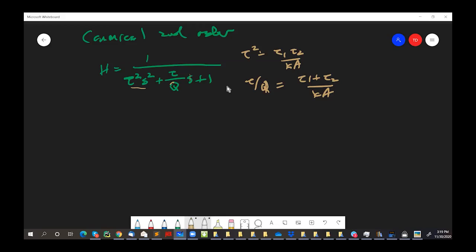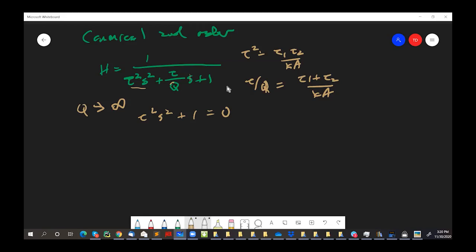Okay, if Q goes to infinity, then what you'll have on the bottom is that, if you want to find the poles, the roots of this bottom thing, tau squared s squared plus 1 equals 0. Okay, so what s can solve that? In other words, what s can make that true?